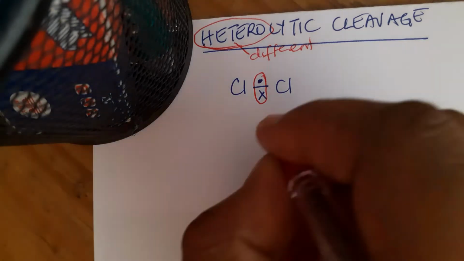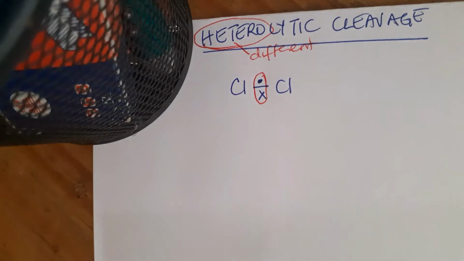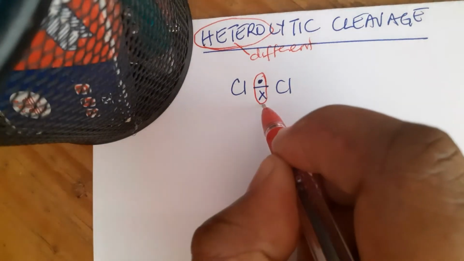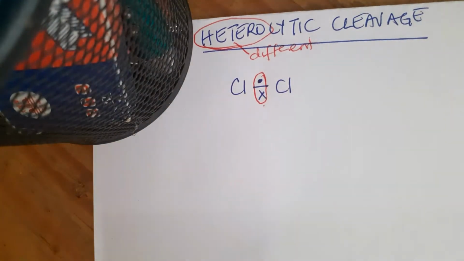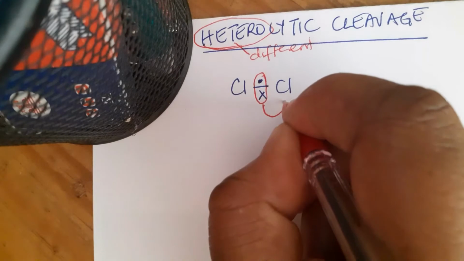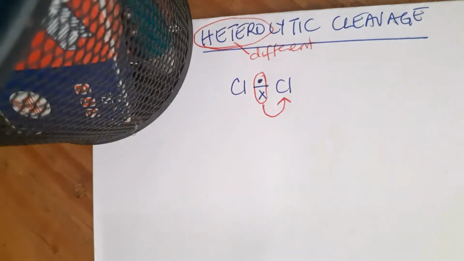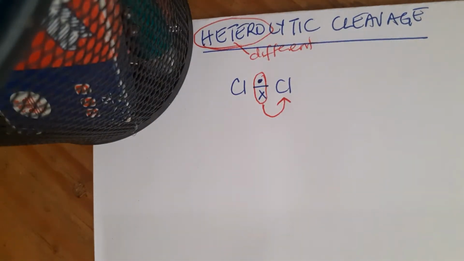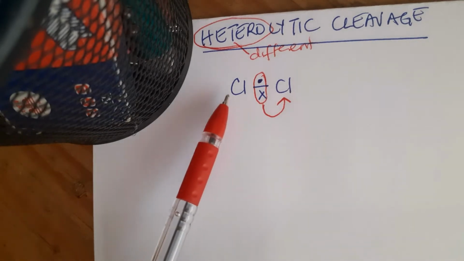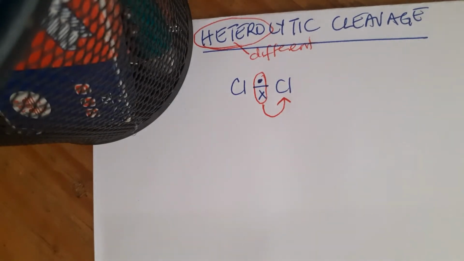One chlorine in the bond will receive the 2 electrons while the other chlorine will not. That's what we mean by different. So this pair of electrons will move, and remember, when an electron pair is moving, you show it using a regular arrow. Let's say, for example, this chlorine gets the 2 electrons. It means that this chlorine didn't get any.